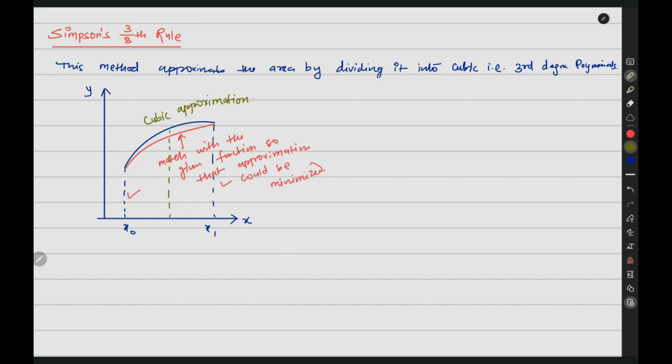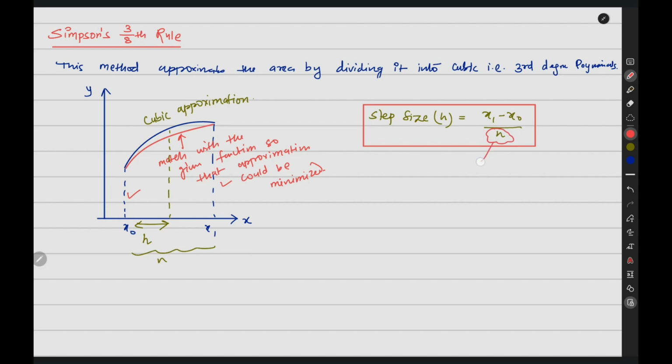Like the previous case, we have the intervals whose step size is h and the number of subintervals is n. Then we can write step size h equals upper limit minus lower limit divided by n. In this case, Simpson's three-eighth rule, the value of n should be a multiple of 3.